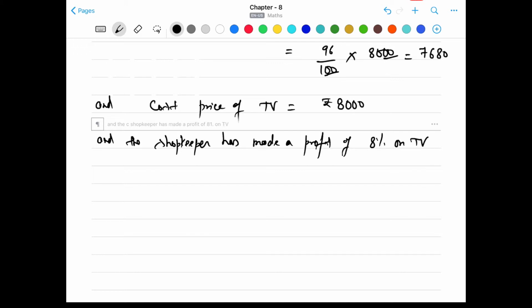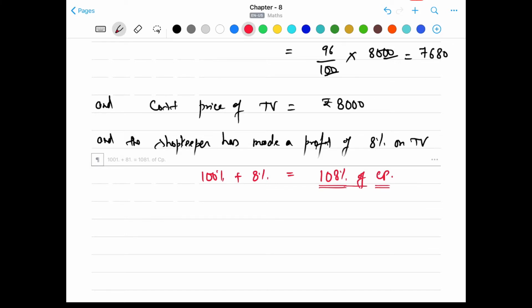Again, the profit will be calculated on the cost price. As we know, the cost price is always 100%, and as he is making a profit of 8%, that will be added to it. That means we'll get 108% of the cost price as the selling price. That means the selling price will be 108% of the cost price.